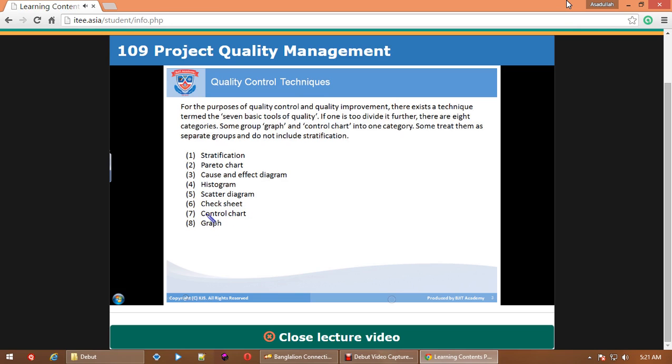Some experts divide the control chart and graph into 2 separate categories, while other experts combine them in one group. So sometimes we call it 7 basic tools of quality, or sometimes 8 basic tools of quality. Let's discuss these quality tools in detail.